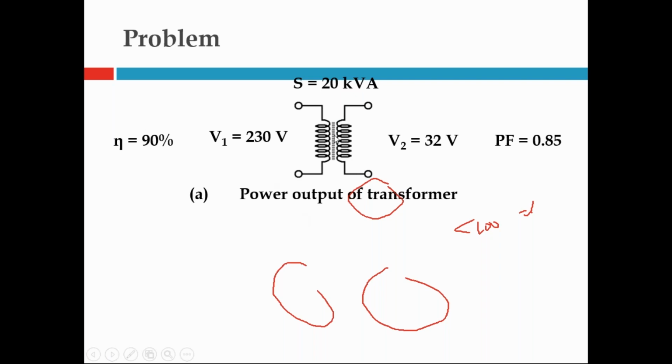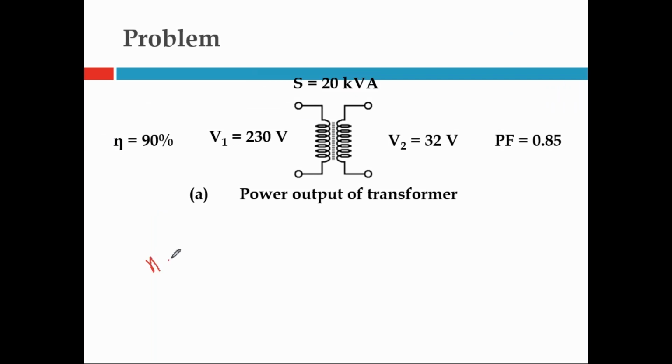See, for this problem, how can we find the output of the transformer? Which formula can we use here? The efficiency is equal to output divided by input.